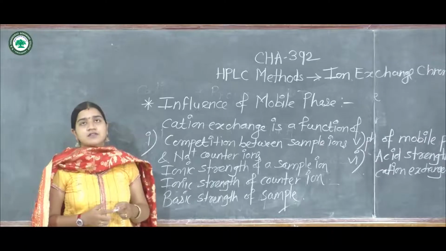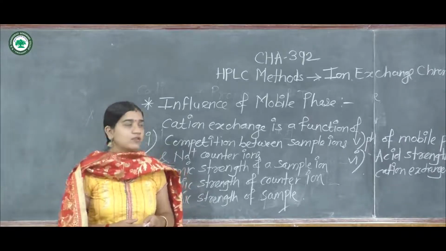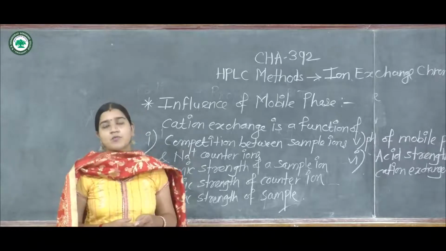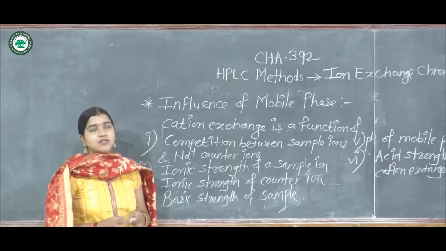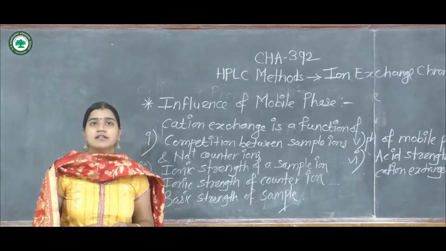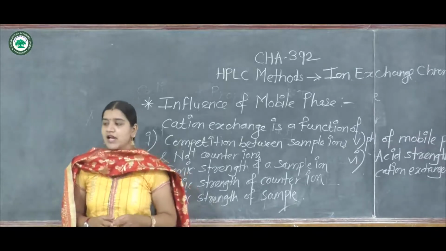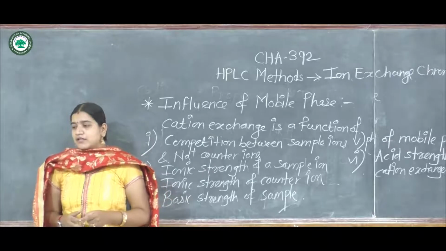It also depends on the ionic strength of a sample ion, the ionic strength of a counter ion, the pH of a mobile phase, the basic strength of a sample and the acidic strength of the cation exchanger. All these are the different factors which directly affect the separation of the analyte.